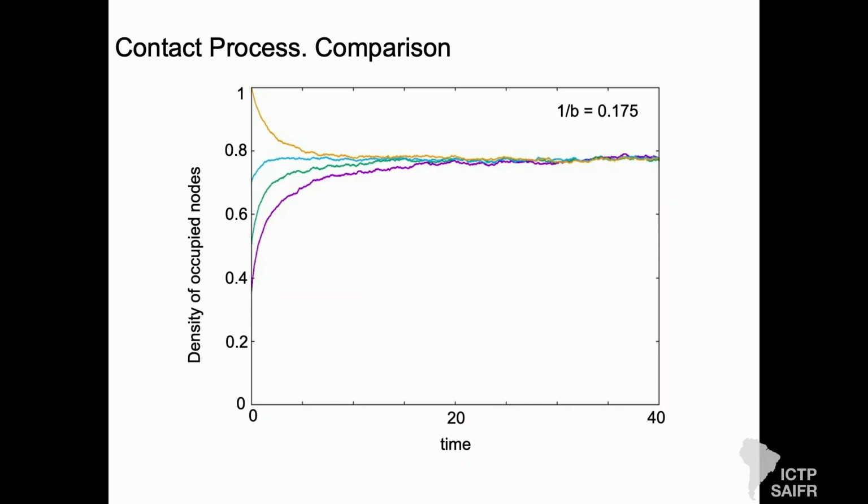The smaller this parameter is, the more productive my system is, the faster the birth versus the death rate, and the other way around. So here I'm taking a very small ratio between death and birth. And as you see, I'm running simulations. Here I took, I think, the lattice to be 10,000 places.